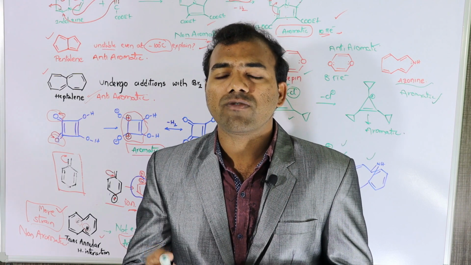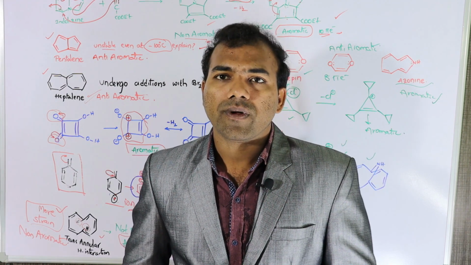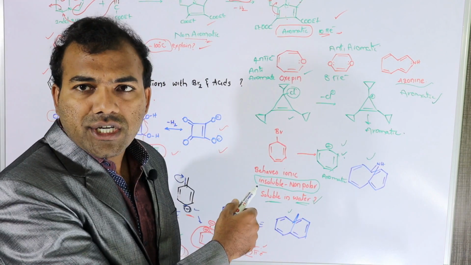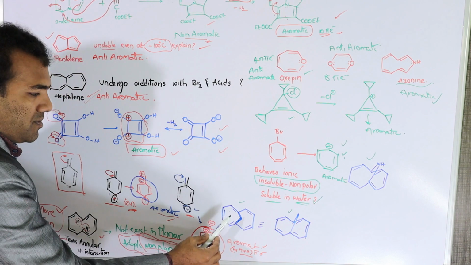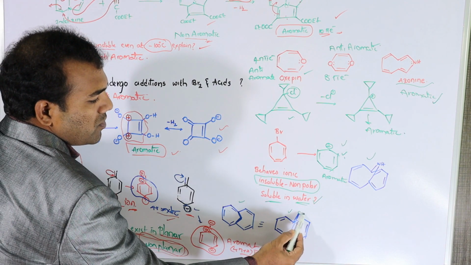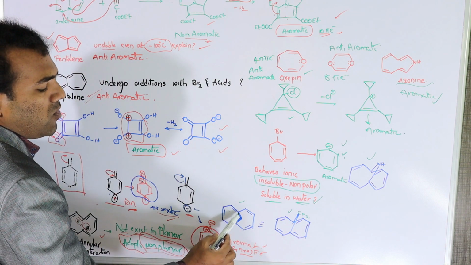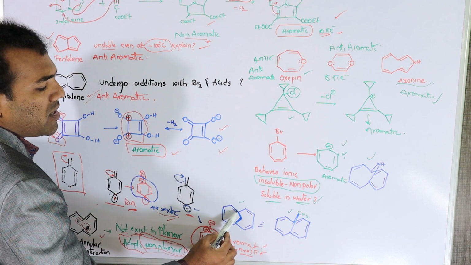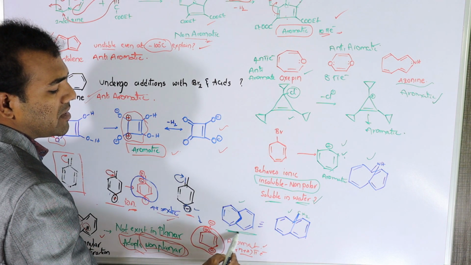Okay, let us substitute with an NH group, or let us substitute with a CH2 group. Then you see the structure, how it is. This one. So here we are substituting with a CH2 group. And here, because of the removal of two transannular hydrogen atoms, this compound is getting stability.